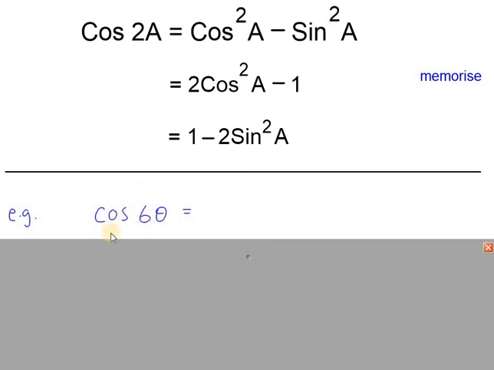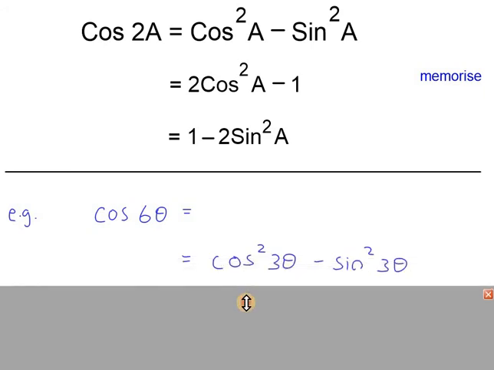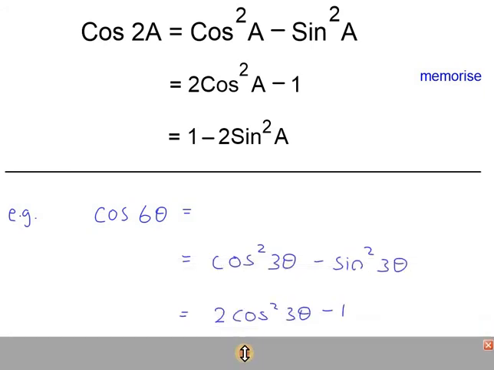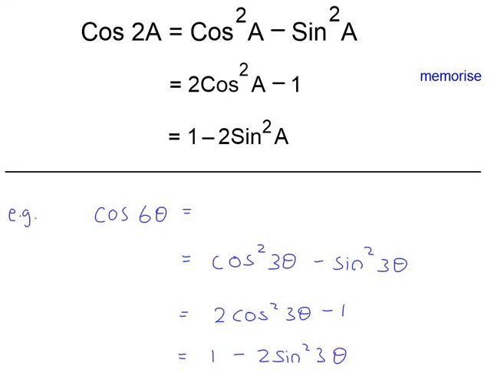As an example, if we have cos 6 theta, so that's the left hand side, on the right hand side the angle will be half. You've got 2A, you've got half of this, which is A. We've got 6 theta, half of this is 3 theta. So I could write any of these 3 on the right hand side, but using half the angle, which is 3 theta. Like this, this, or this.